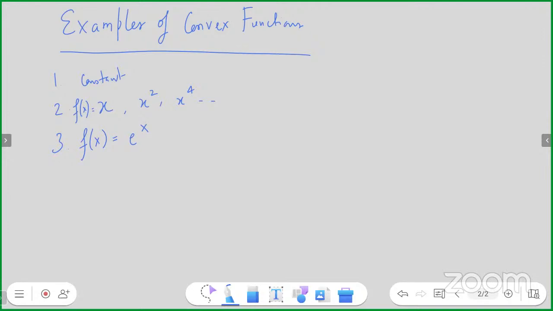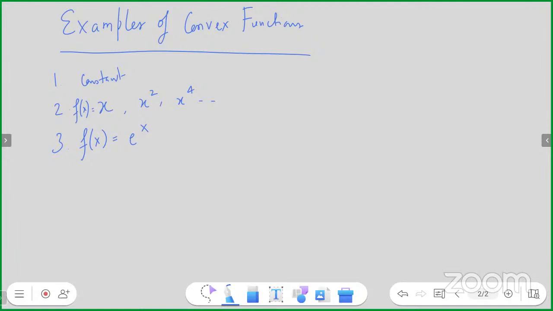Is there any other simple fact which implies that it's convex? Okay, you'll have to establish that.